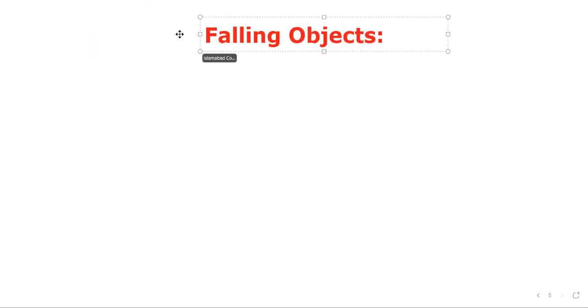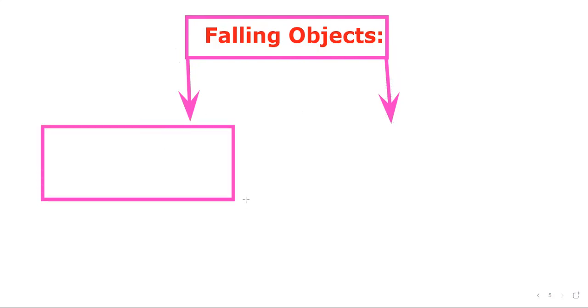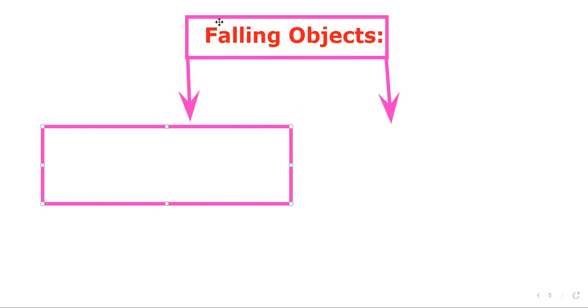Suppose an object falls from a certain height, then we have two different cases: whether there is air present or not, whether the air is there or it's a vacuum. The first case is when air is present.